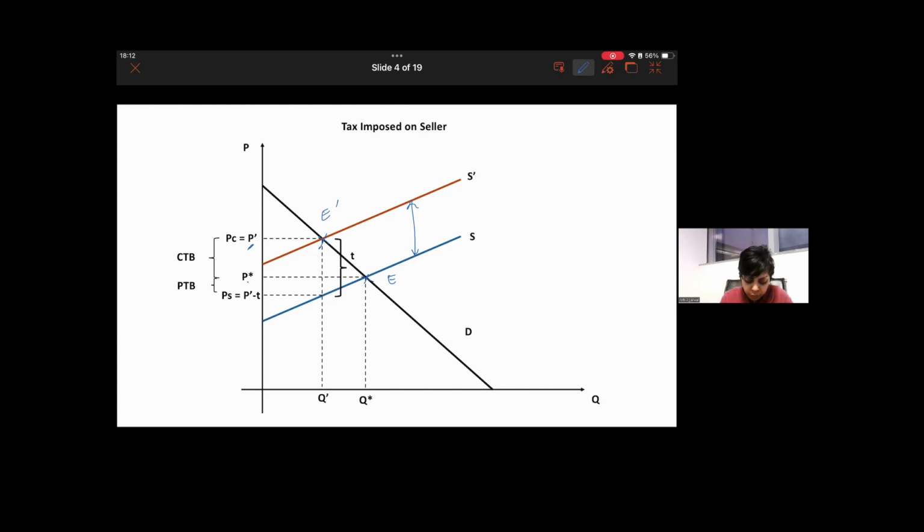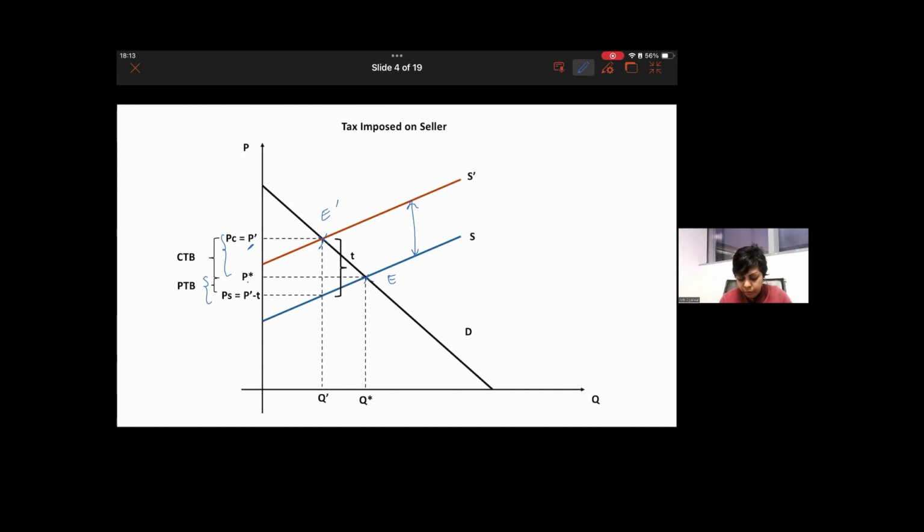For the consumer, the price is increasing by P prime minus P star, and for the producer, the price is decreasing from P star to P prime minus T. So for the seller, the price is decreasing, and for the consumer, the price is increasing. That is the total effect of taxation in the case of the tax imposed on the seller.